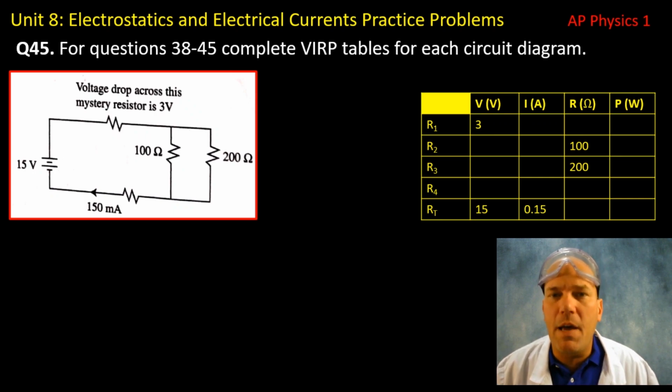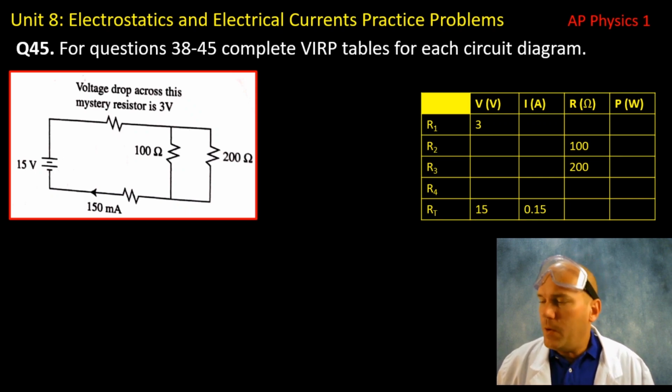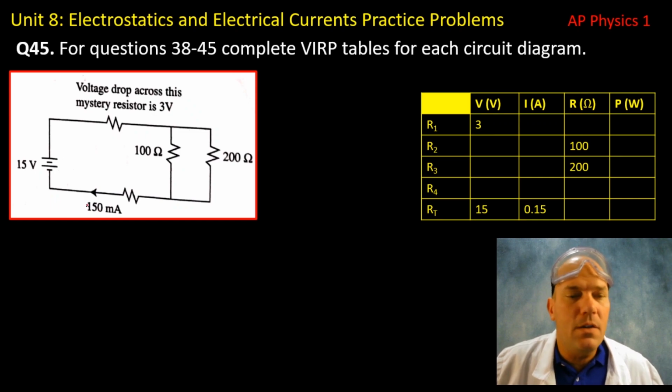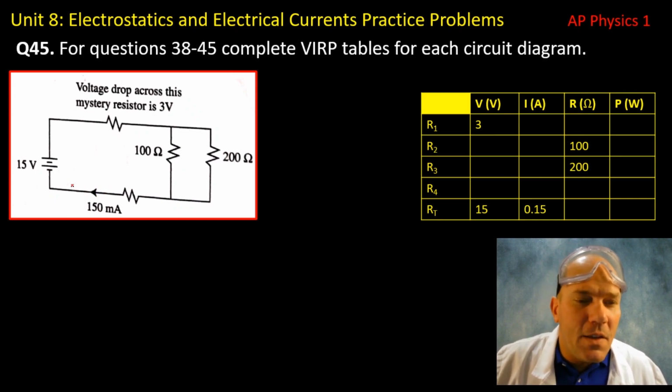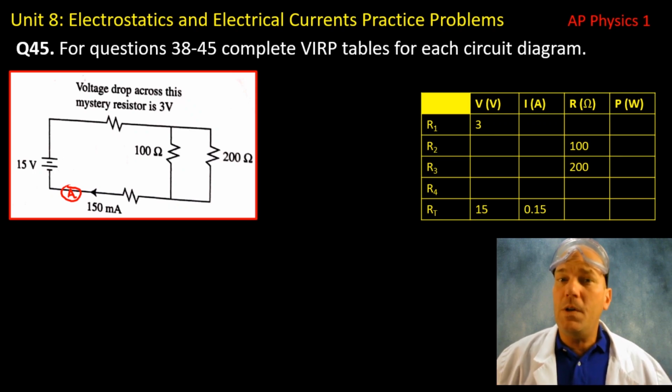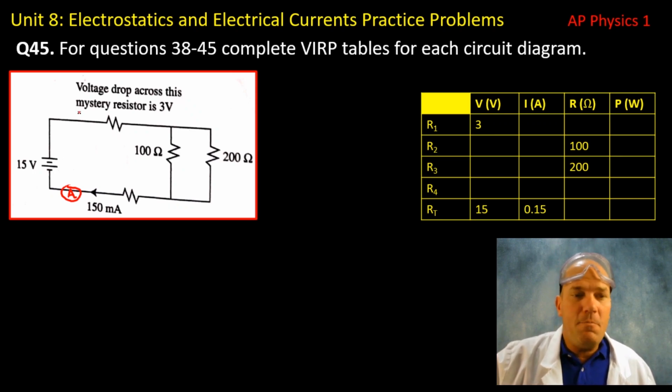Next, we want to look at where we're given the current. What's interesting about this particular location is if you put an ammeter here it would give you the total current. Same with up here. If you put an ammeter up here, it would give you the total current.